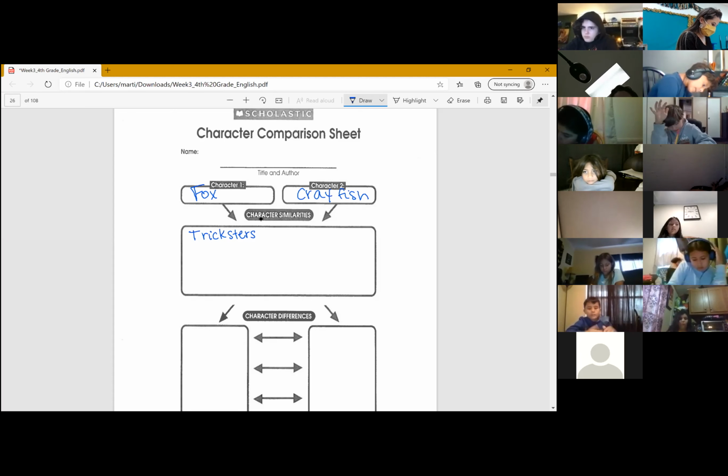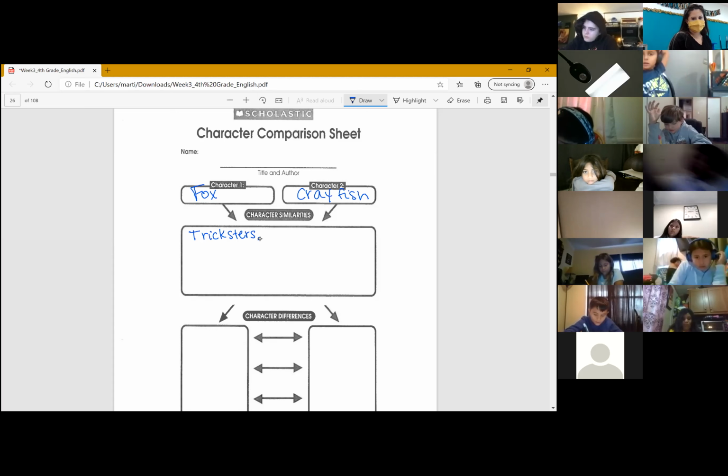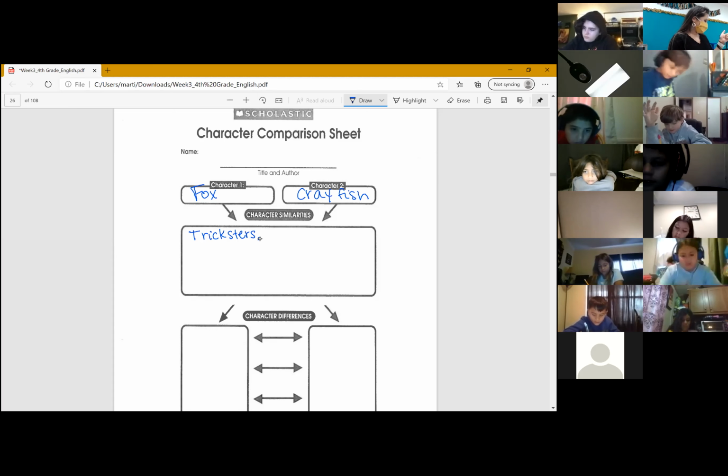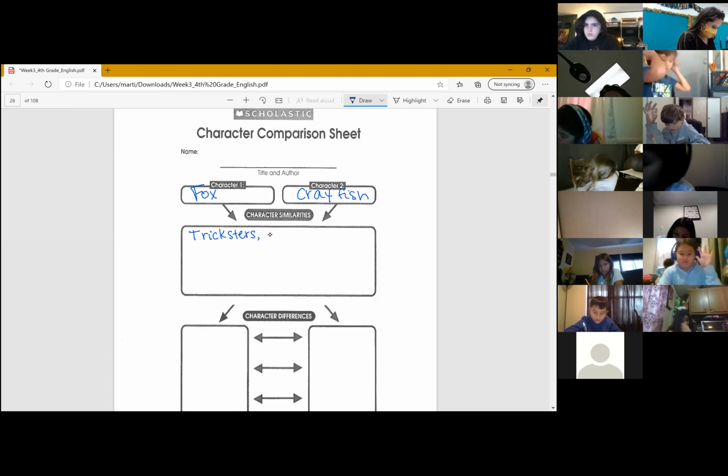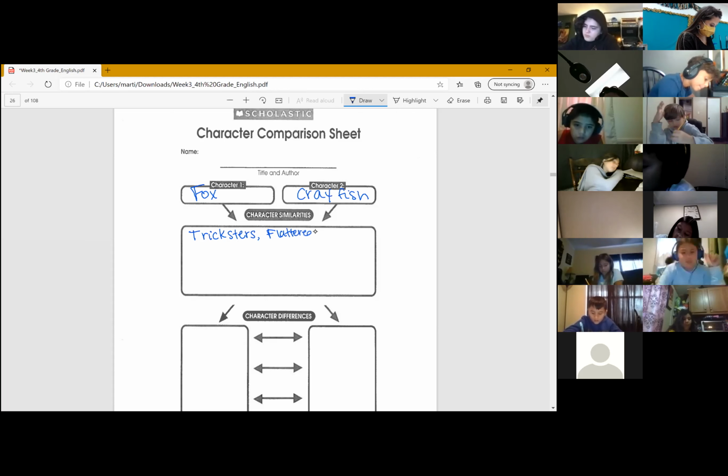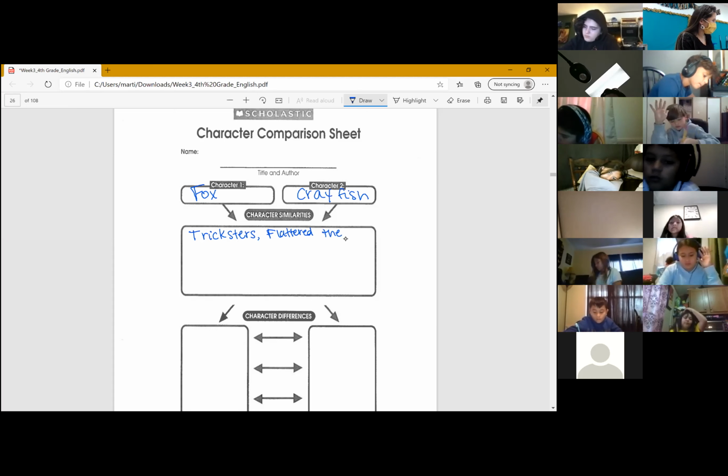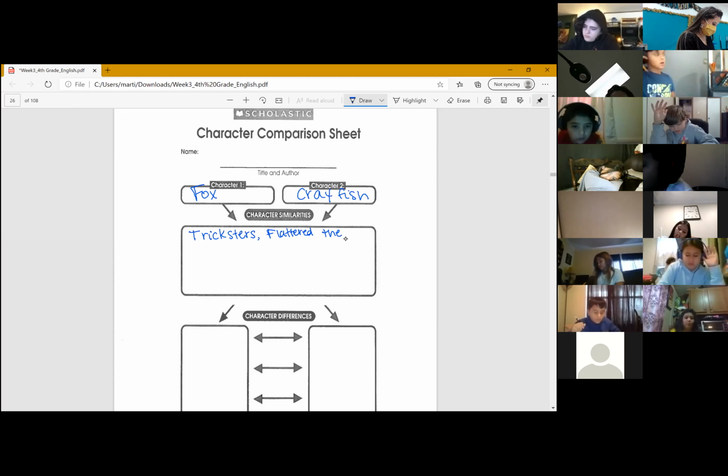I'm gonna separate my ideas with a comma. Okay, what else is similar? Eric was saying that they both flattered, okay. They flattered who? They flattered the birds, right?